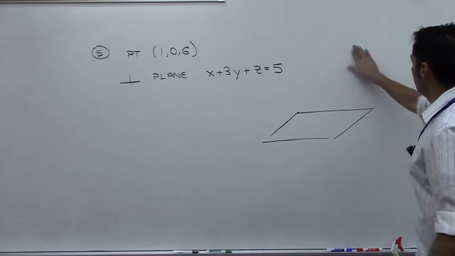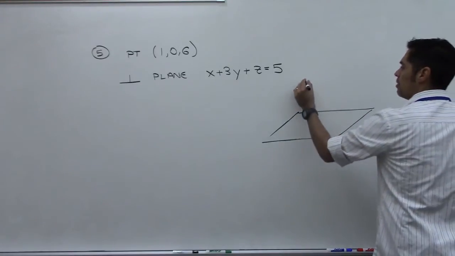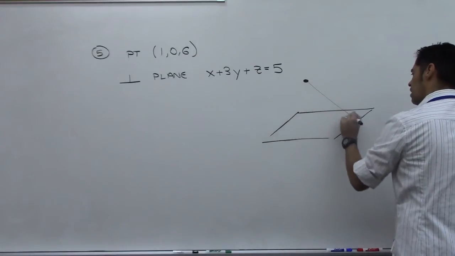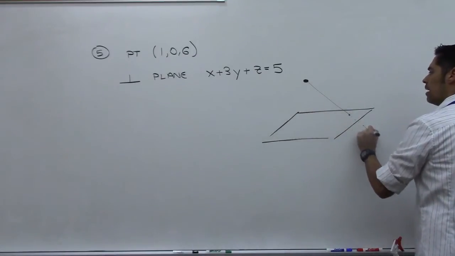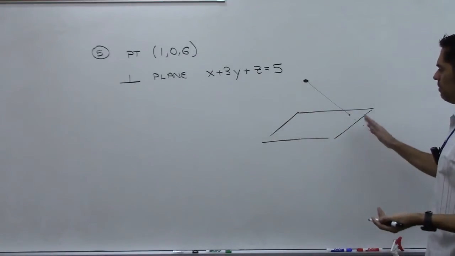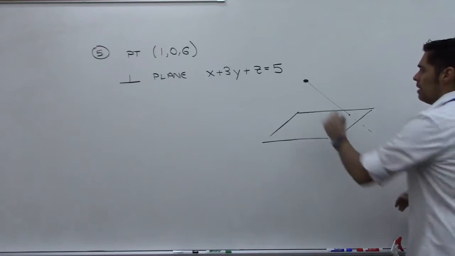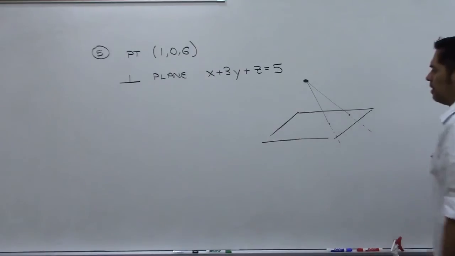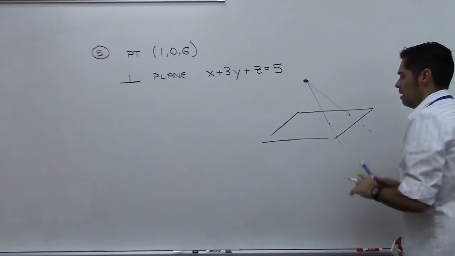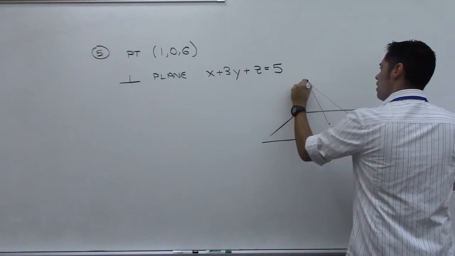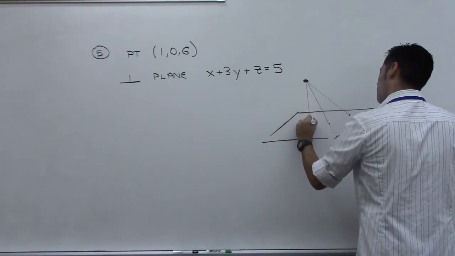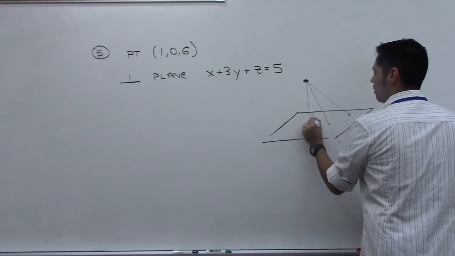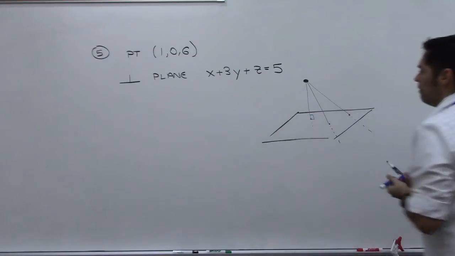Let me move that point a little so it makes more sense. I could have a line that goes like this, punches through here, and keeps going, but obviously that line would not be perpendicular to the plane. I'm trying to find the line that goes through here, punches through, keeps going, and is perpendicular to this plane.